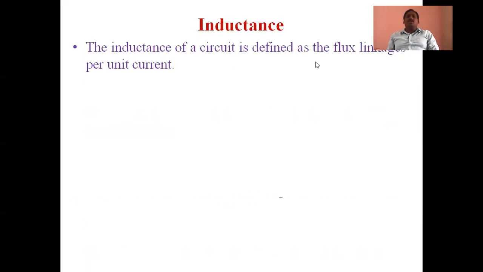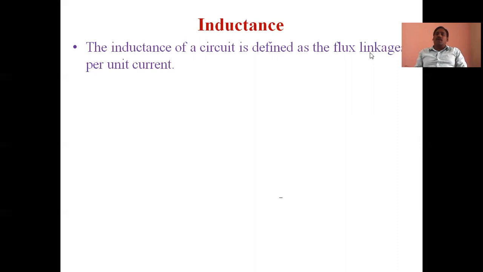The inductance of a circuit is defined as the flux linkages per unit current. If we send 1 ampere of current, how many flux linkages are formed in an inductor? That represents the capability of the inductor, and that capability is known as inductance.